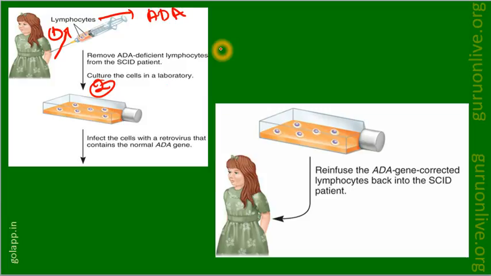So the third step is we want one retrovirus carrying the normal ADA gene. So this is the retrovirus. Here it is the genome of the retroviruses.